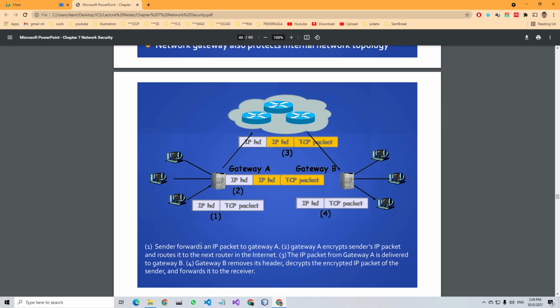The IP packet from gateway A is delivered to gateway B. Gateway B will remove the header, decrypt the encrypted IP packet of the sender and forward it to the receiver. So from here it will be clearer on the overall structure.